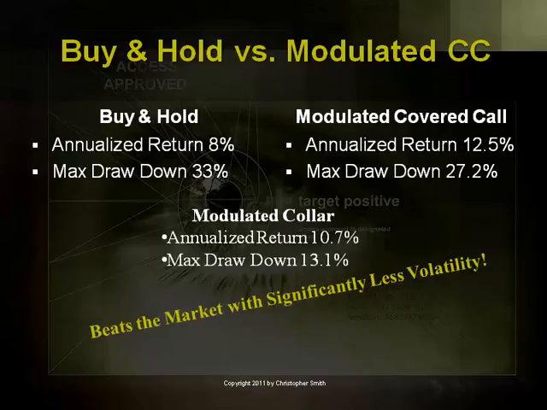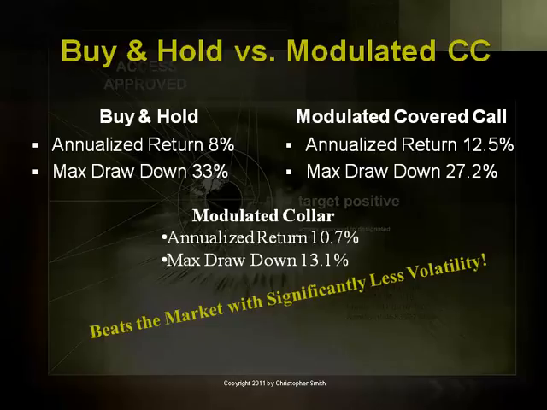So right here you've got three different approaches to a long-term investment strategy. And some people might look at it and say, you know what, I'm all about the yield. And if the modulated covered call has the best yield, that's for me.